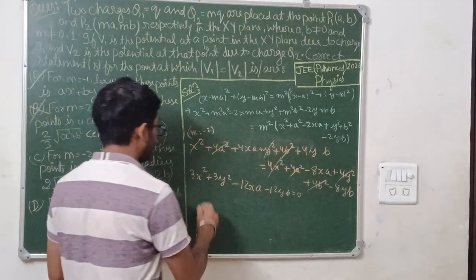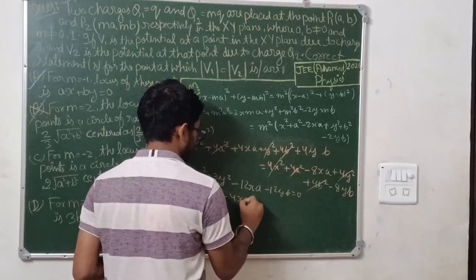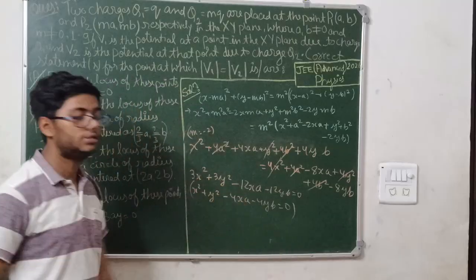Taking 3 common, x square plus y square minus 4xa minus 4yb equals 0. This is the final circle equation.